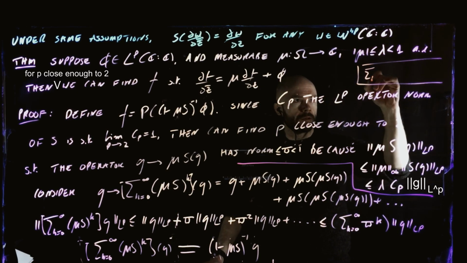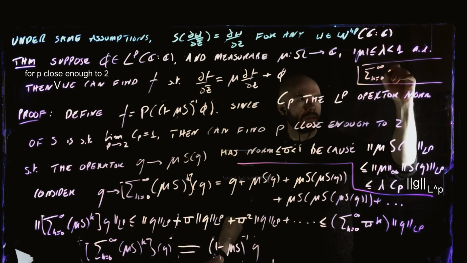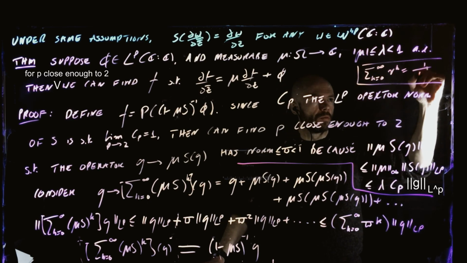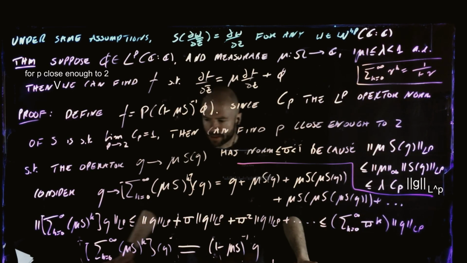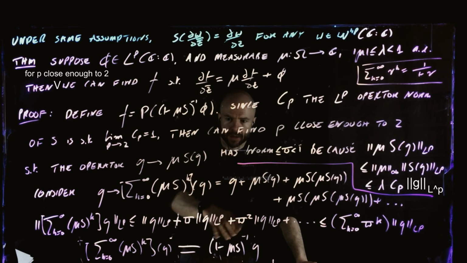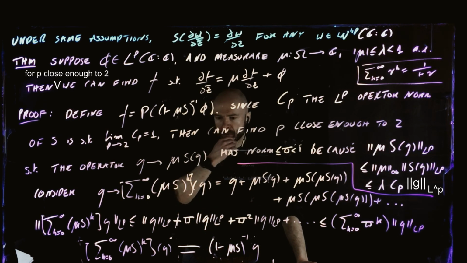So we know the sum from k equals 0 to infinity of r to the k is equal to 1 over 1 minus r, like this. And the claim is that this being a well-defined operator, you can also think of it as being like this. And that will give this thing some coherent meaning.